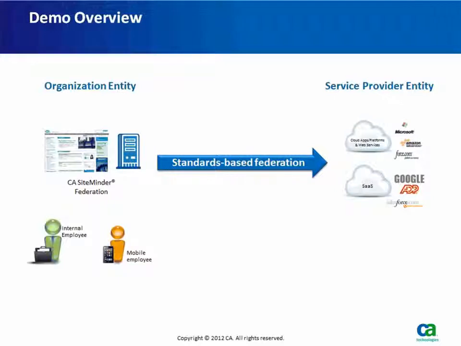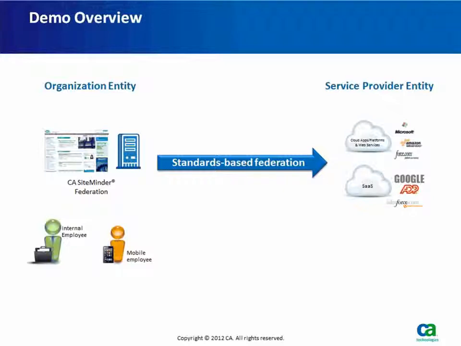Federated SSO will enable a user, either an internal employee or mobile employee, to access an application. In this example, it will be a cloud-based application, Salesforce, by authenticating to a standard-based external identity provider, in this case SiteMinder acting as a SAML2 identity provider.